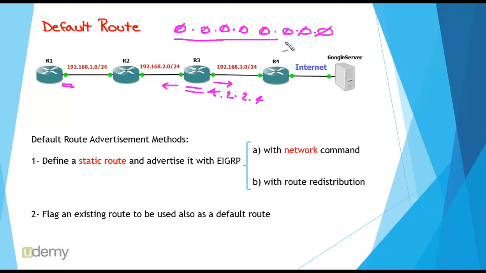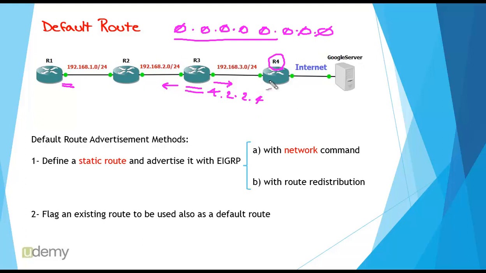So we want to learn how to advertise this default route with EIGRP and only configure it in one position, for example in our scenario on router 4, and then advertise it via EIGRP. In this way, it is not needed to configure the default route on all routers separately. We configure it in one router and advertise it with EIGRP to other routers, and after that, these routers know about the default route too.